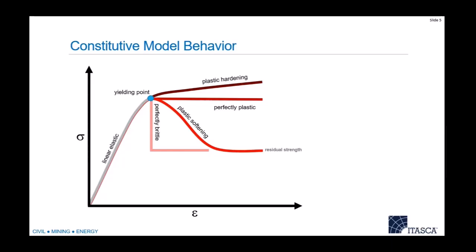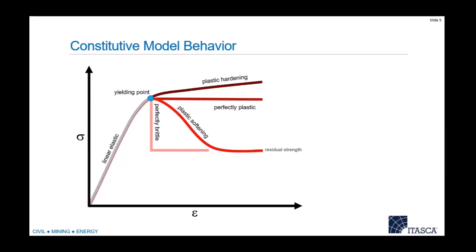So in the world of soils, we often assume that something is perfectly plastic, so it just keeps on deforming, but it maintains the same level of stress, right? In the world of hard rocks, you might have something that's more brittle. So it reaches the peak strength and it basically explodes and goes to some residual strength, right? And then you have properties in between that, right?